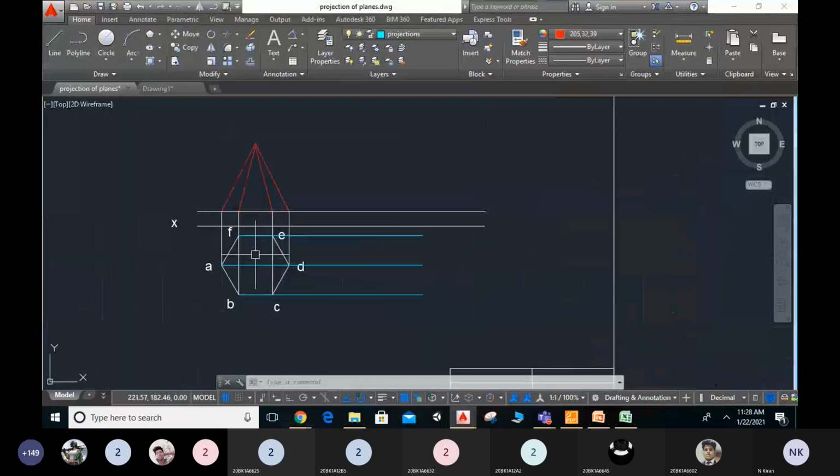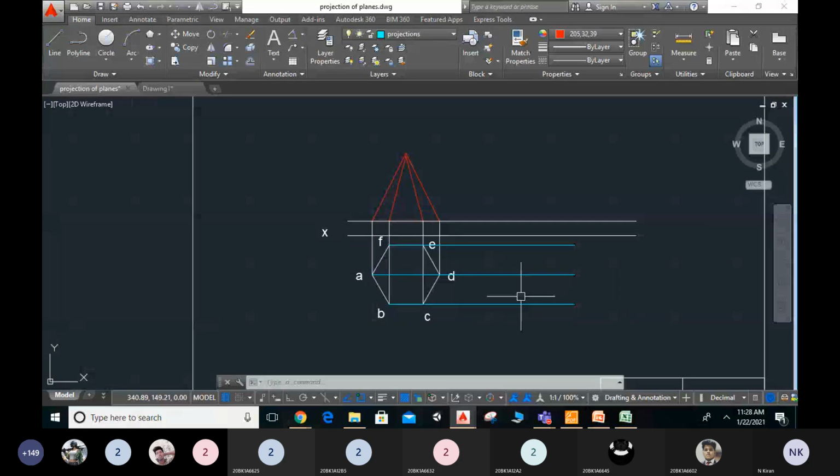And if you are observing here, the hexagonal pyramid is resting in which plane? In which plane is it resting? HP. Okay. And is it parallel to HP or perpendicular to HP? Parallel to HP.